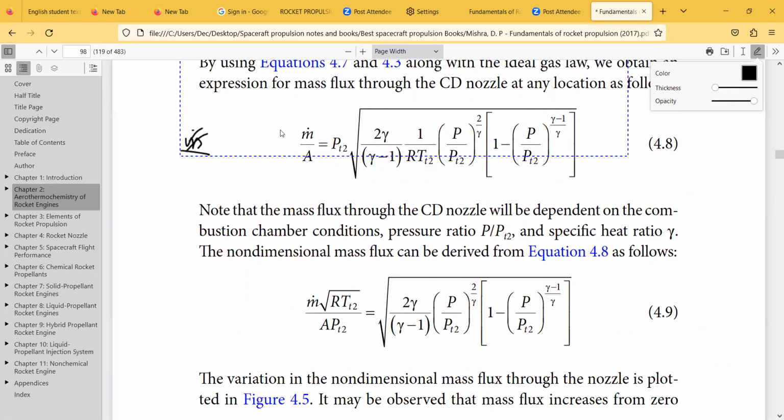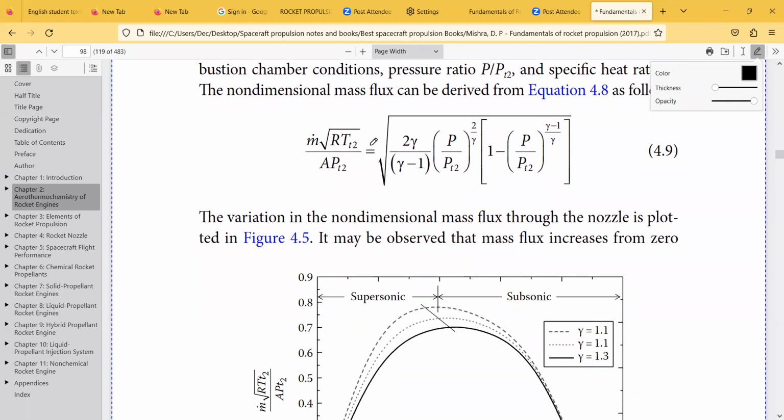So this is the final equation for mass flow rate divided by area, which is equal to pressure at the throat entrance times the square root of 2 times gamma over gamma minus 1, times 1 over R T2, times pressure over pressure T2 to the power of 2 over gamma. This is just the velocity relation.